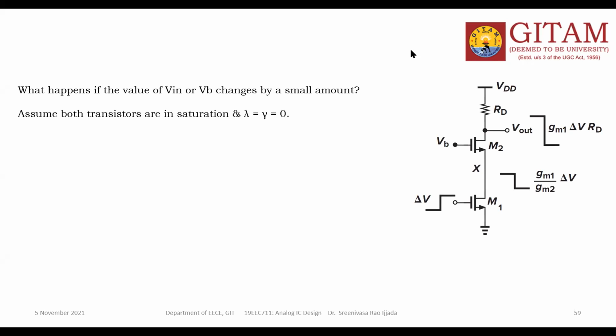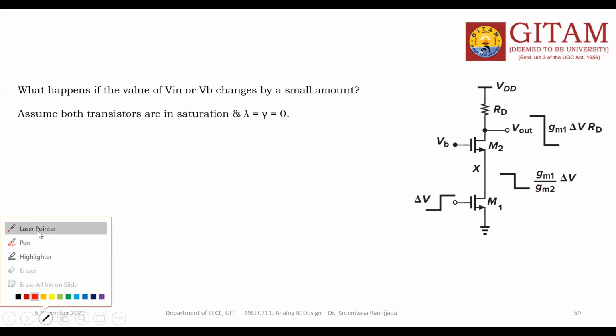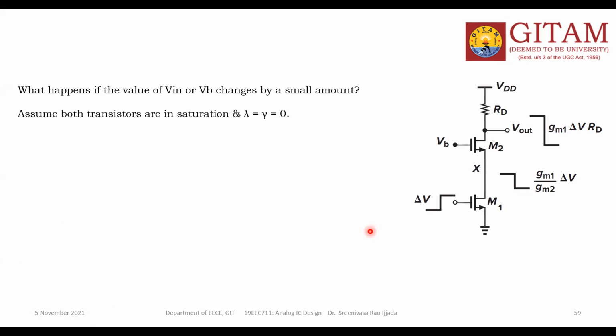Look at this picture. This is the same thing; I have just drawn both the devices and kept all the devices on one side. Here is the M1 device, as you said, this is the CS stage. This is the M2 device, the CG stage. Here the input is applied, here a fixed bias voltage is applied, and you are collecting the output here.